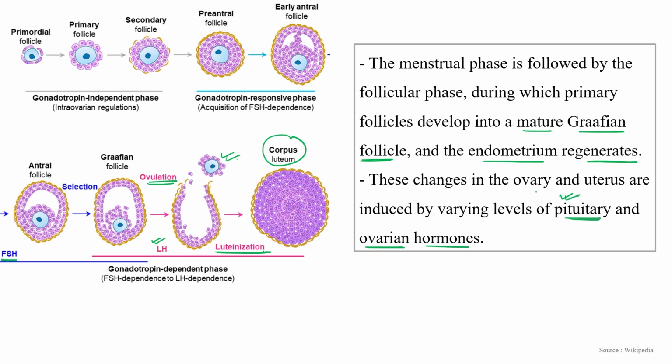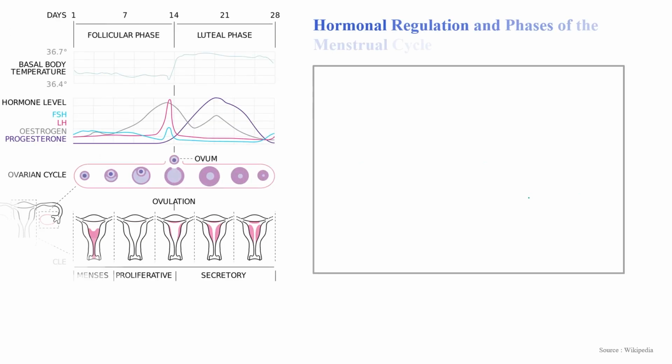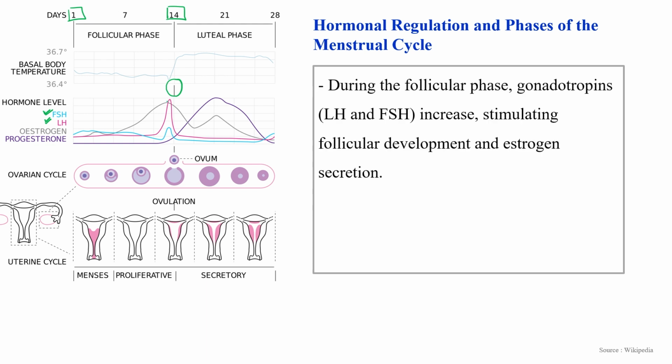These changes in the ovary and uterus are induced by varying levels of pituitary and ovarian hormones. Now this is days 1 to 14, the follicular phase. Clear? It means development of follicle. So at this particular time, where follicle releases ova, this is the phase where follicle stimulating hormone, this sky blue color, and luteinizing hormone are at their peak, maximum.